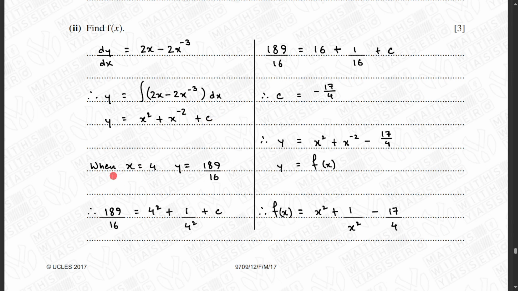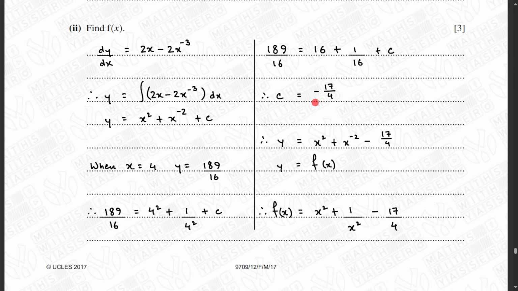When x equals 4, y is equal to 189 over 16. So we can substitute these two values to find c. That means 189 over 16 is equal to 4 square plus x to the power minus 2, which can be written as 1 over x square. That means 1 over 4 square plus c. So 189 over 16 is equal to 16 plus 1 over 16 plus c.